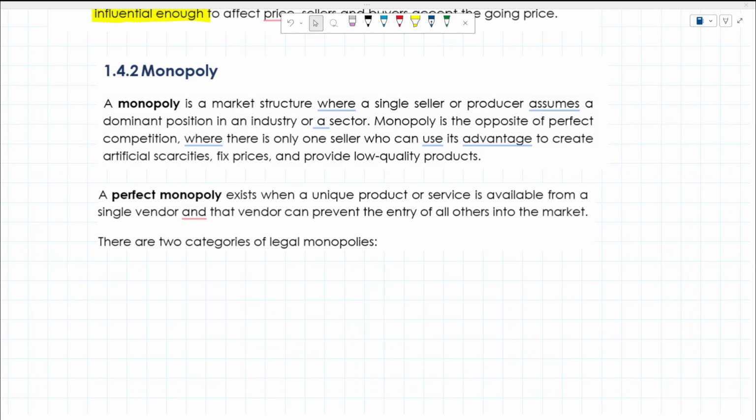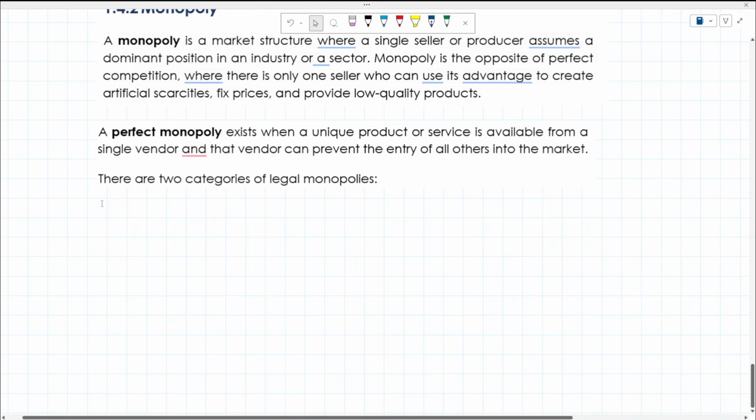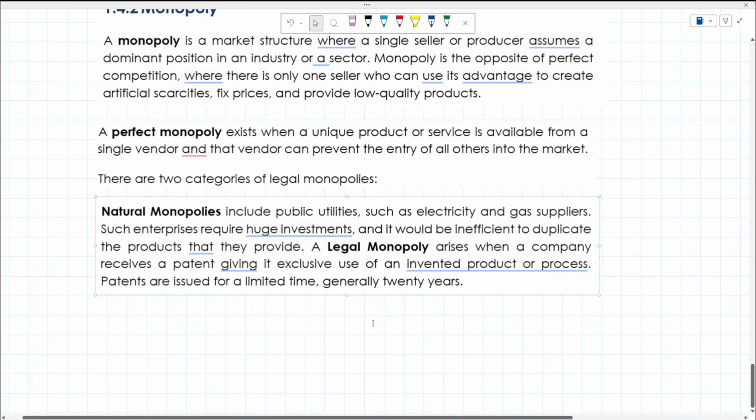And we have two categories of legal monopoly. This is coined legal because this exists in the real world, and they are sanctioned. They are allowed by the government.